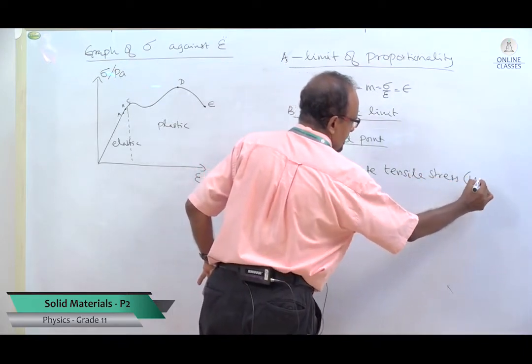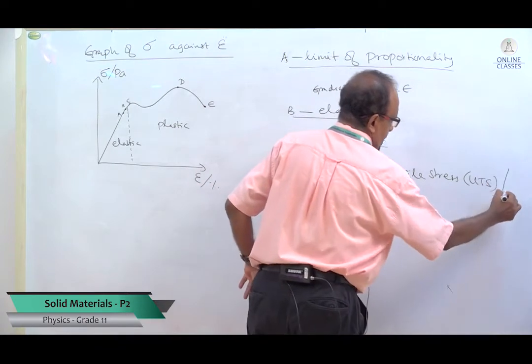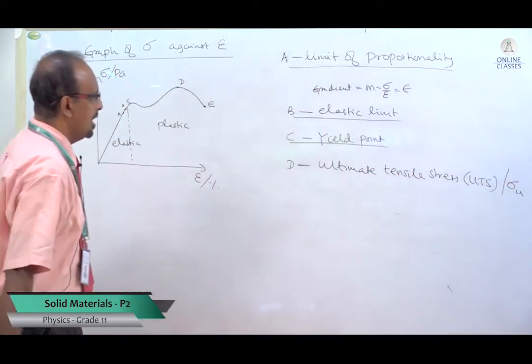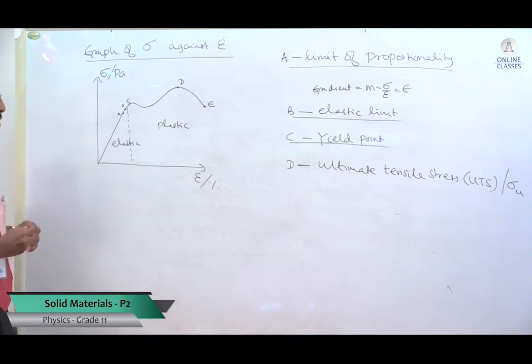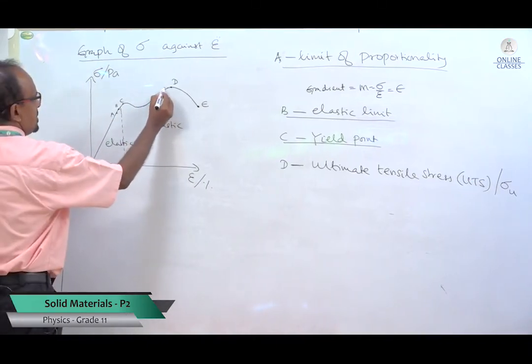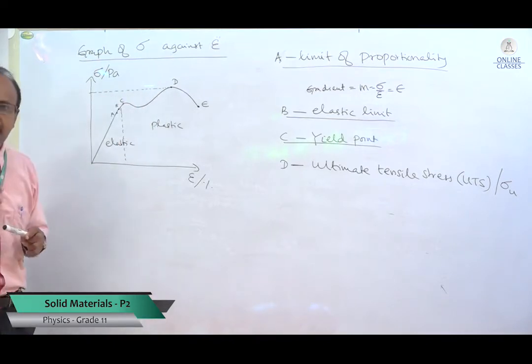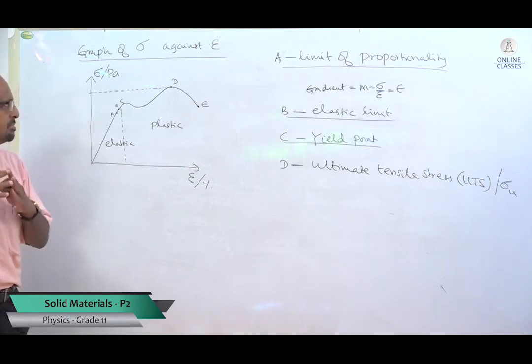Sometimes we say UTS, or sometimes sigma U. Okay, ultimate tensile stress, or they also say ultimate tensile strength. You can see we define it as the maximum stress the material can withstand before breaking.